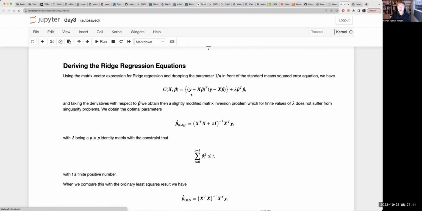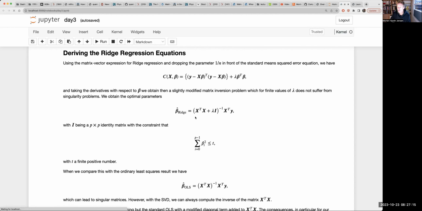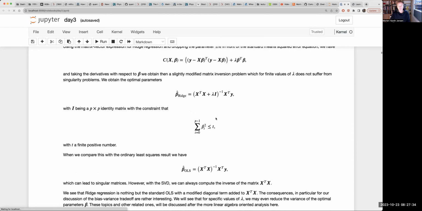And we have an optimization problem here where we now end up with a problem to invert, which can always be inverted because this x transpose times x, as we discussed last week, can have some eigenvalues which are 0. However, when we add this lambda, being a parameter larger than 0, this will always be a matrix which can be inverted.